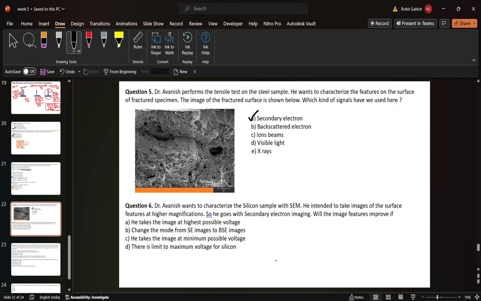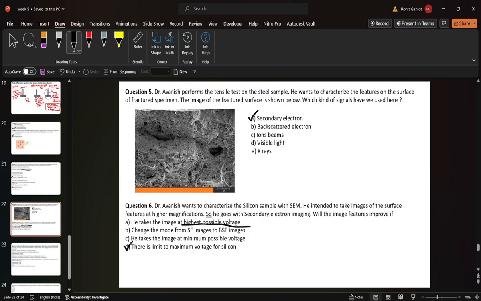Generally, it is not the case. We just discussed that at higher voltage, SE2 and SE3 signals will also come, which may hamper your resolution. Change the mode from SE to BSE? No, this is generally not done. So he takes the image at minimum possible voltage. There is a limit to maximum voltage for silicon.